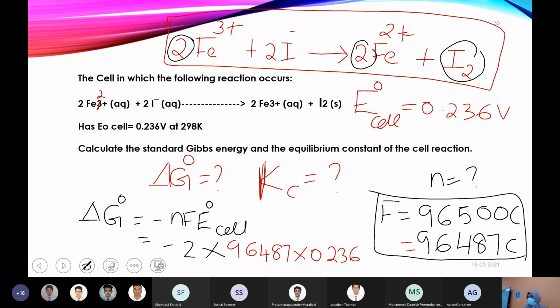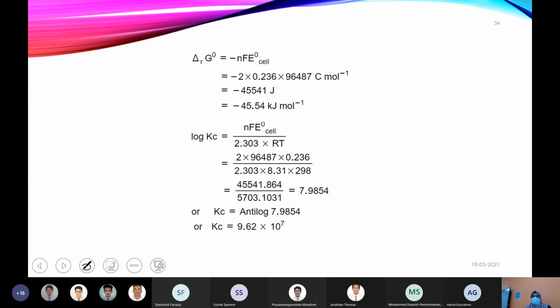If you take 96,500 or if you take 96,487, that will be slightly different. There will be slight variation there, but it will be almost close. Somewhat negative 45.54 kilojoule per mole.